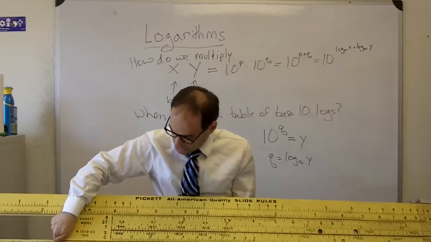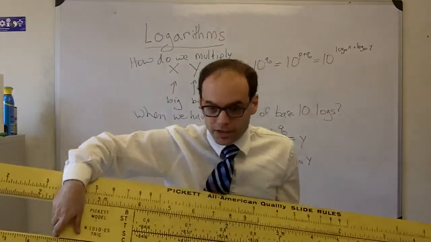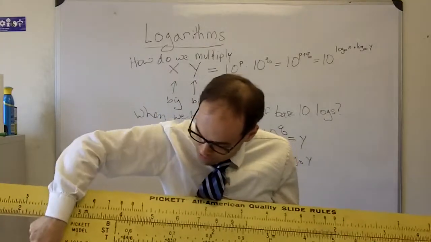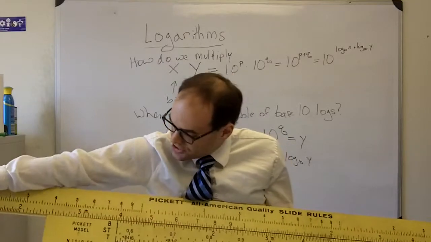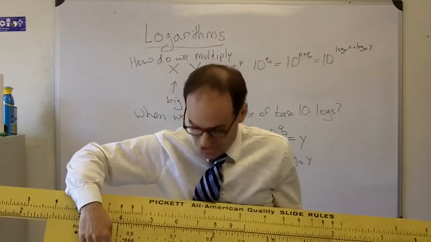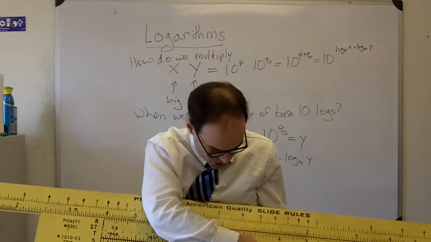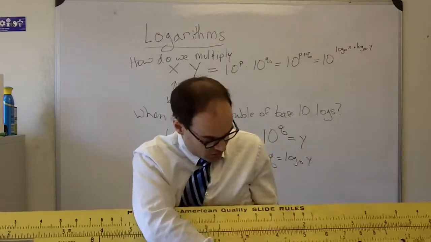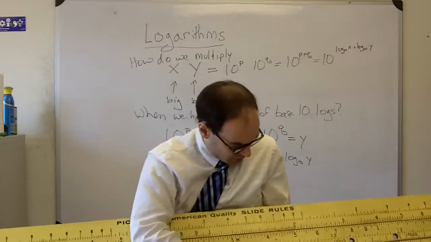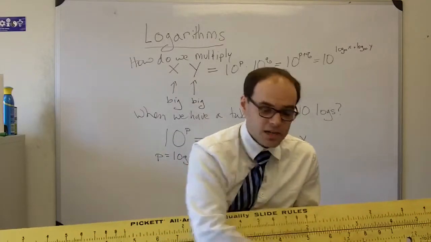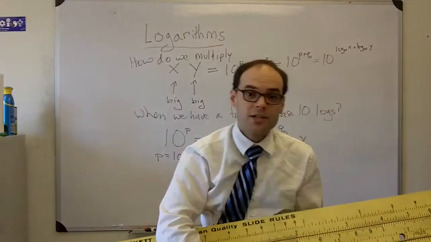I'm sliding the 1 on top of the 2, and that's the length of the logarithm of 2, as it happens. Then here's the logarithm of 3, I'm adding them together, and it reads out 6. Hey, cool.